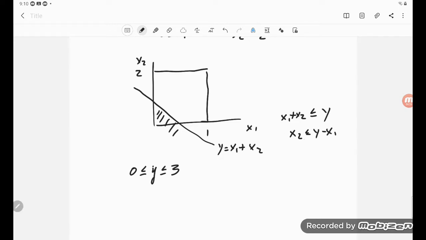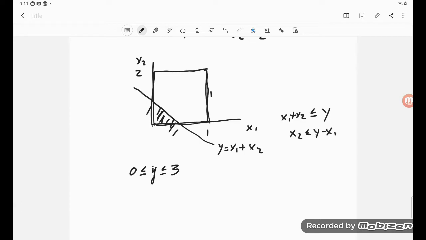And so this is a curve, x2 less than or equal to like 2 minus x1 or something like that, and certainly 0, 0 is always going to be a part of that when y is greater than or equal to 0. So we're looking at this kind of thing, but we have to be within our rectangle here.